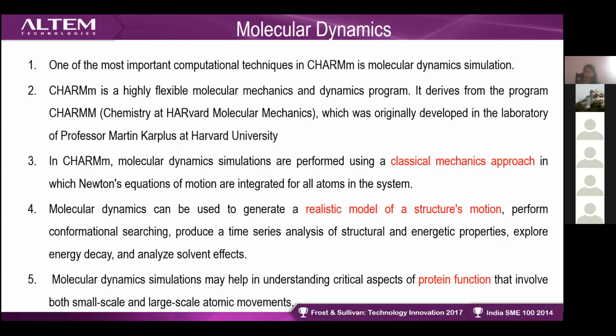Why do we need to go for molecular dynamic simulation? This is one of the best computational techniques. The reason is that cell line studies take too much time, so to reduce that, we go for bioinformatics approaches. That's why you go for molecular docking studies.